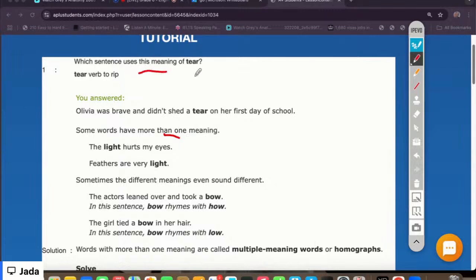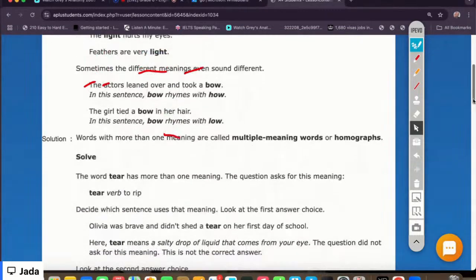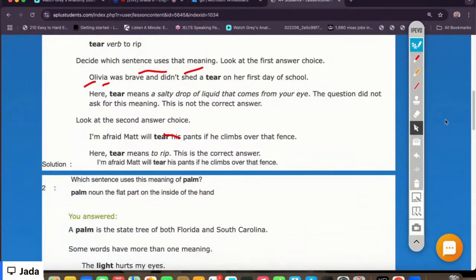Which sentence uses the meaning of tear? Tear, verb, to rip. So tear means to rip, which will be, I'm afraid Matt will tear his pants if he climbs over that fence. All right, so tear, rip something.